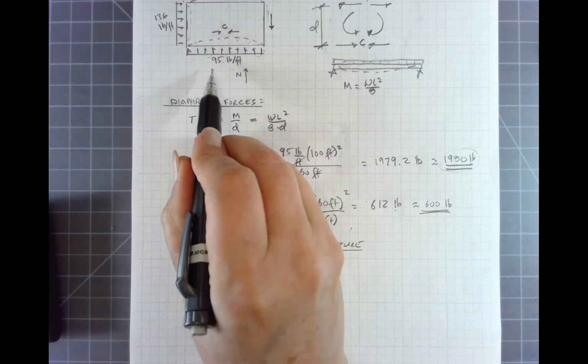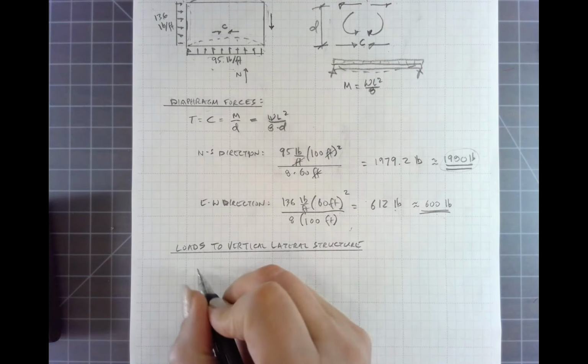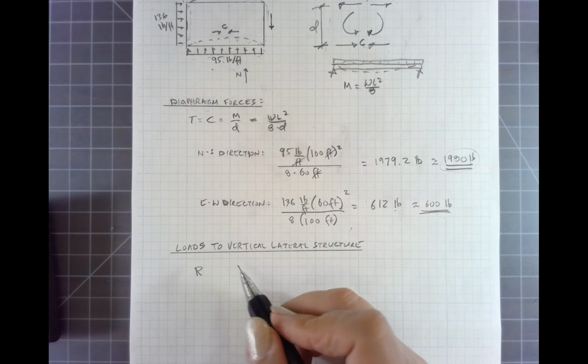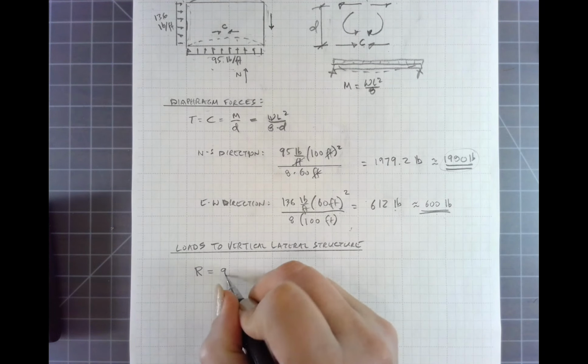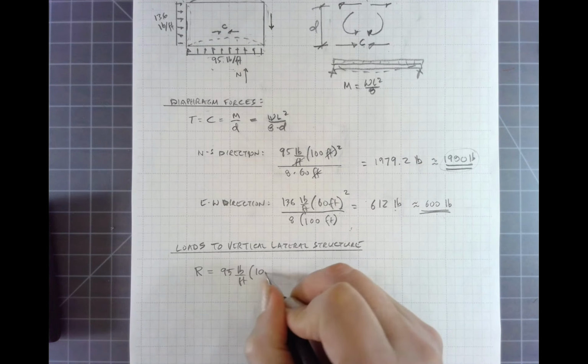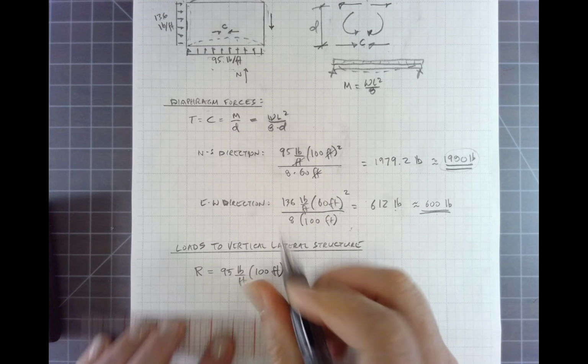It's simply the total load times the span over 2. Now don't confuse this. We'll call this R. Sometimes that's V, but then you confuse that with the seismic base shear. So the reaction is the 95 pounds per foot times 100 feet, and all of that over 2.